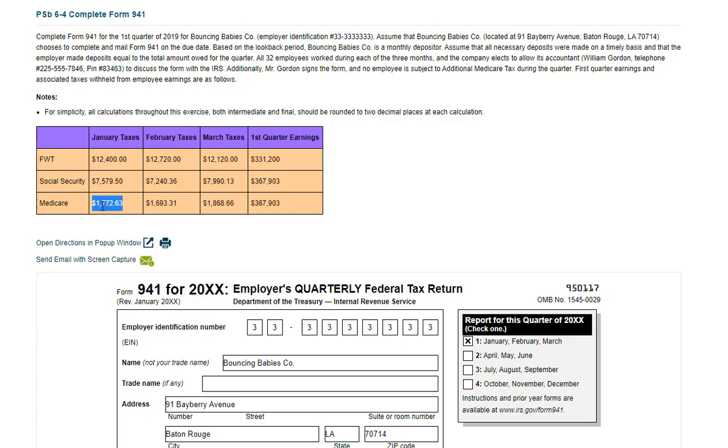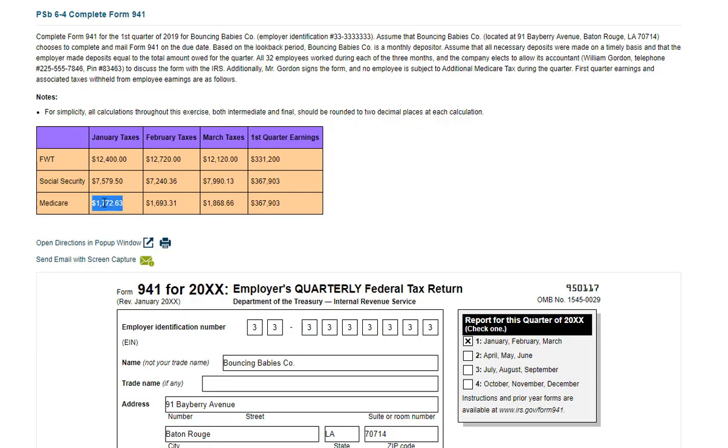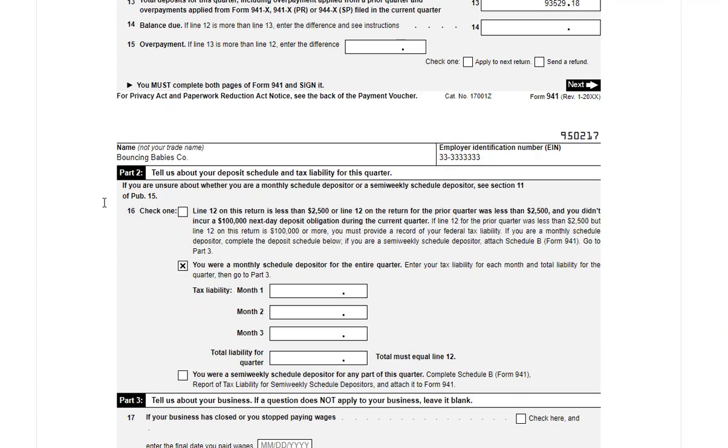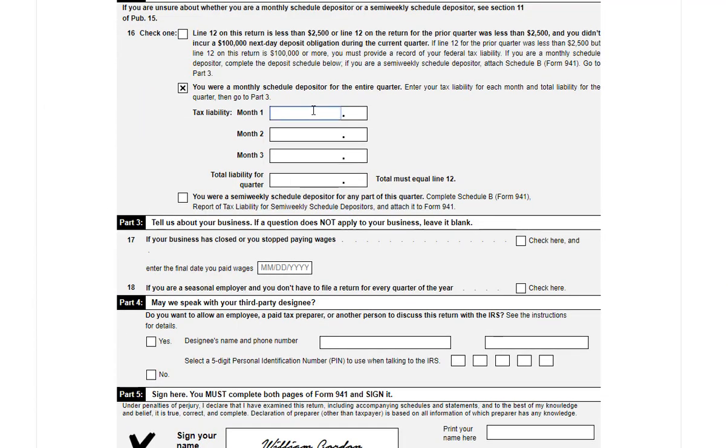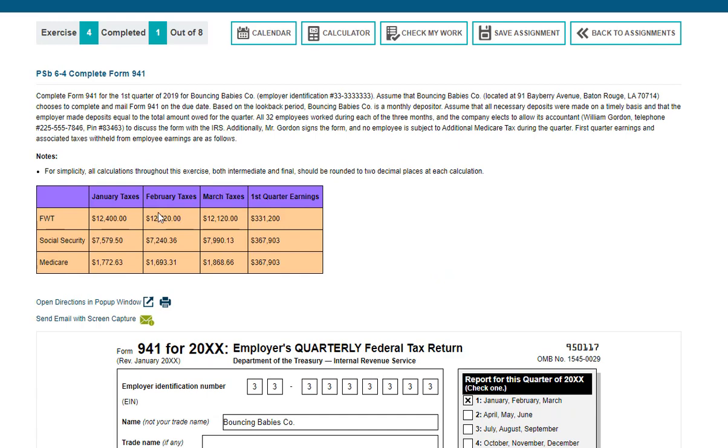So if we sum these numbers up plus an additional, the same amount, equal amount of Social Security and an equal amount of Medicare, adding it all together, we would arrive at $31,104.26.